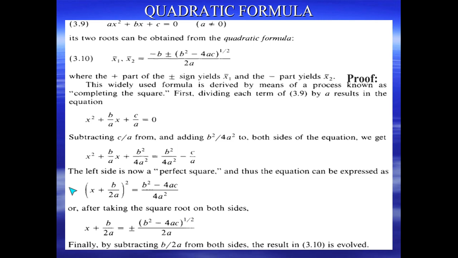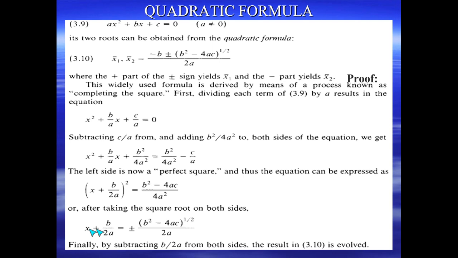It is both minus 2 and plus 2. When you multiply minus 2 by minus 2, you obtain 4. When you multiply 2 by 2, you obtain 4 as well. So if we have here the parenthesis squared, then x plus b over 2a will be equal to plus or minus the square root of this expression.